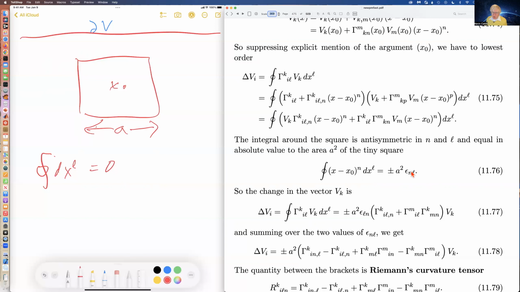And it's anti-symmetric, as that's what epsilon is here. Epsilon 0,1 is 1, epsilon 1,0 is -1. And so what you get is plus or minus a squared times this.